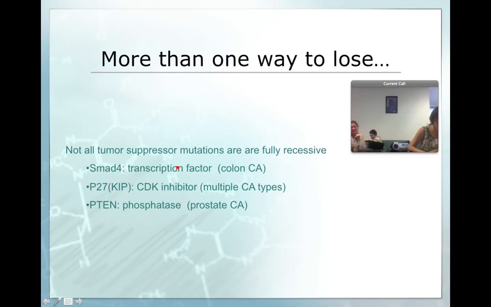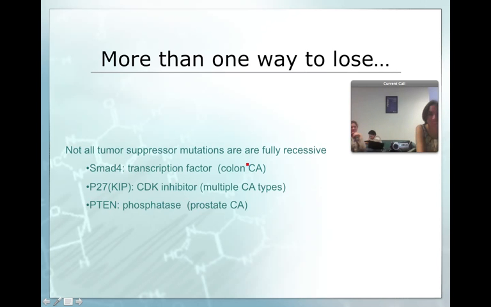Okay. All right. But not all tumor suppressor mutations are fully recessive. In other words, one functioning copy of the gene is not enough to make up for a bad copy. It's not able to pick up the slack for the bad copy. And so some tumor suppressor mutations are not recessive. This says RR, sorry, that's a typo. It should just say one of them.